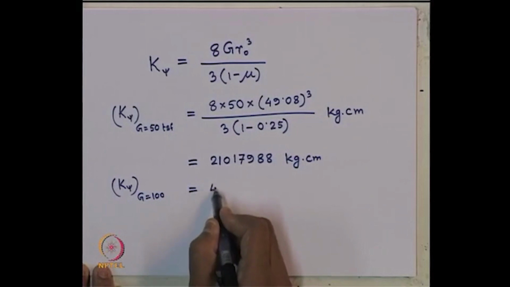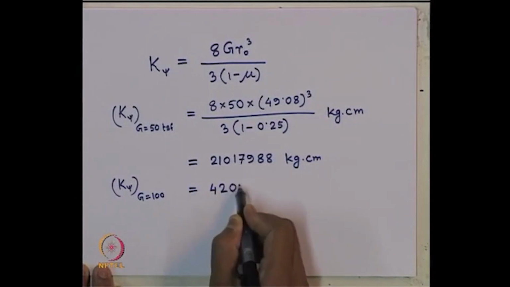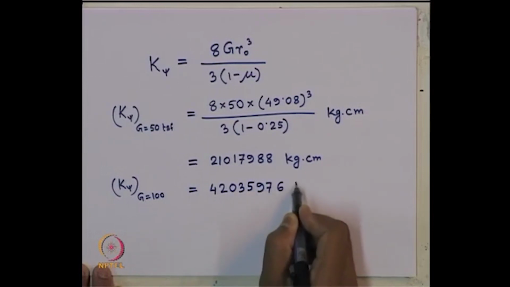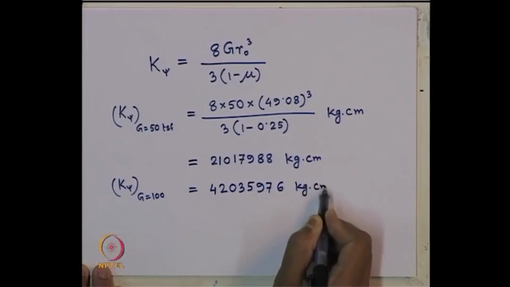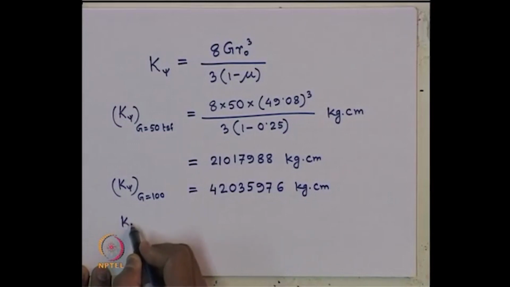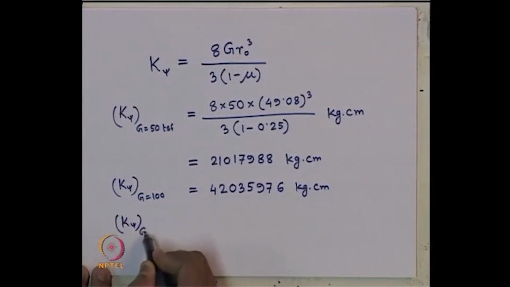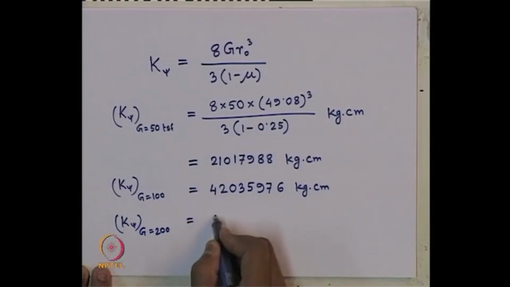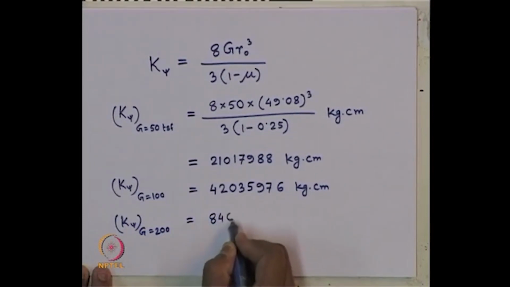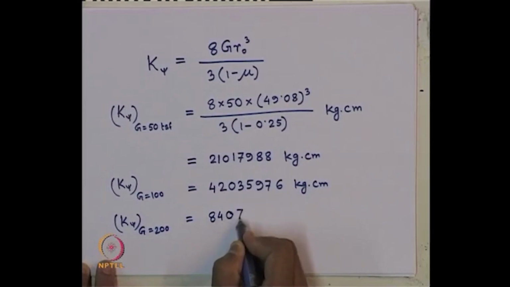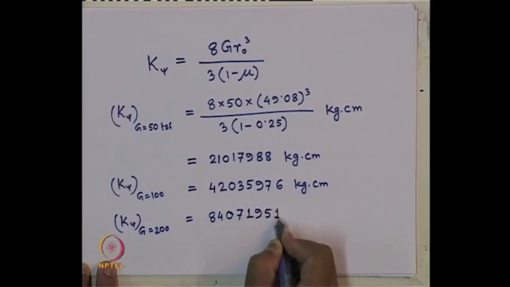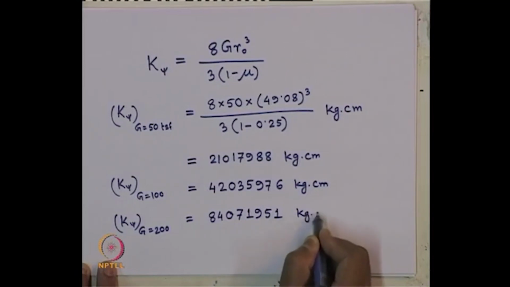So, just double of this, 420359769 kg centimeter, and k psi for g equals to 200 will be double of this, which is 840,71951 kg centimeter. Okay.